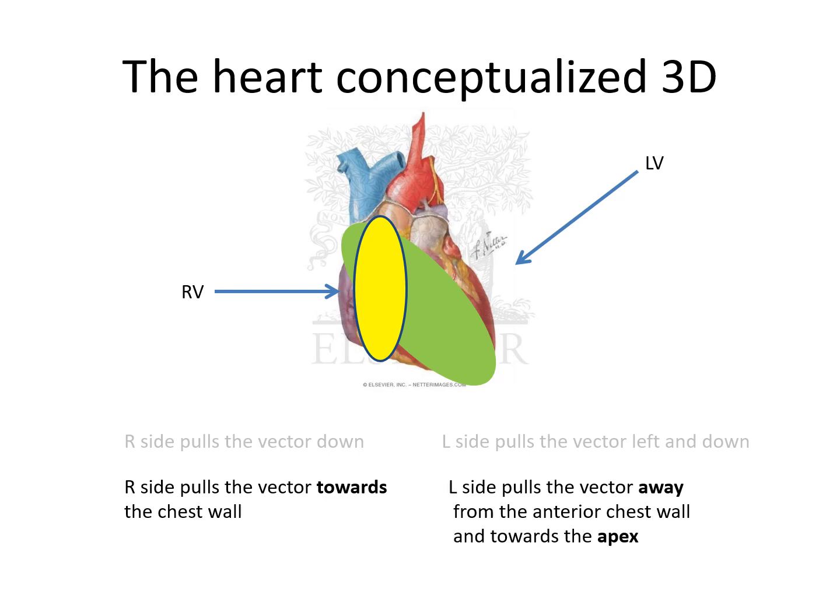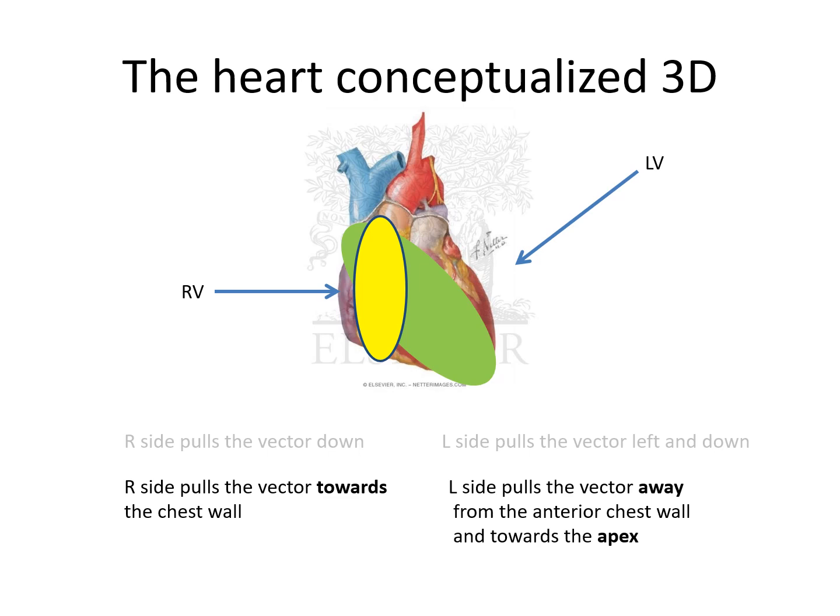We will see that the RV sits in the front, kind of bulging towards the chest wall, while the LV kind of curves away towards its apex, which is down, left, and away from the chest wall, towards the kind of posterior chest.